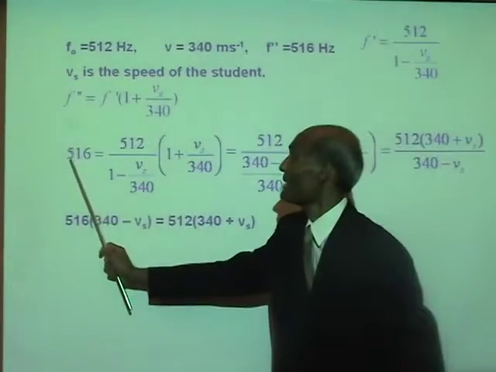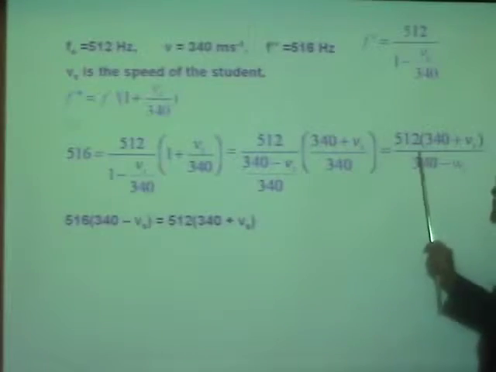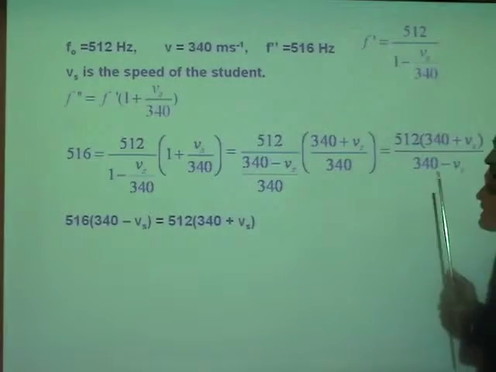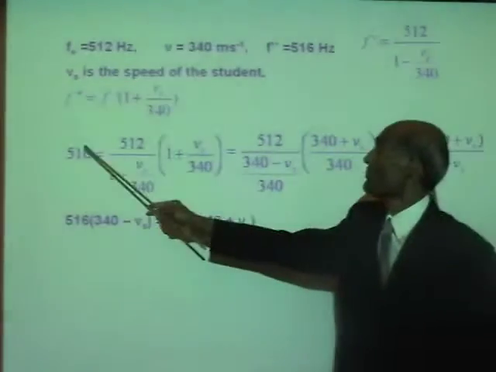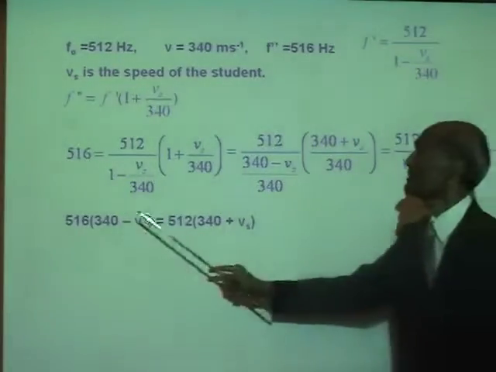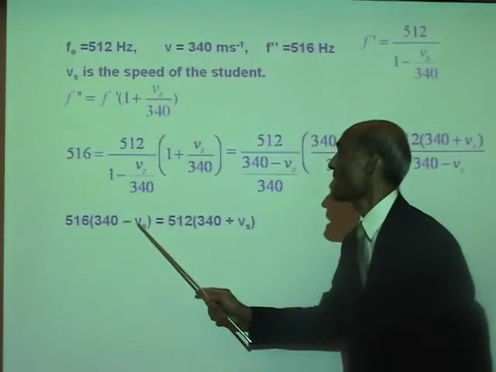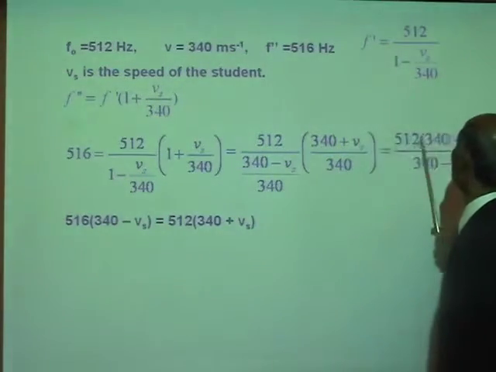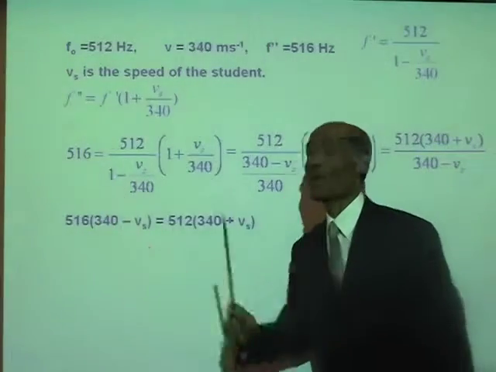What's the next step? This is the left hand side, 516 equal to this numerator divided by this denominator. Let's now cross multiply. What does that mean? Multiply this 516 with this quantity. That's what I have here. 516 times 340 minus Vs equal to this quantity multiplied by the denominator there is 1.